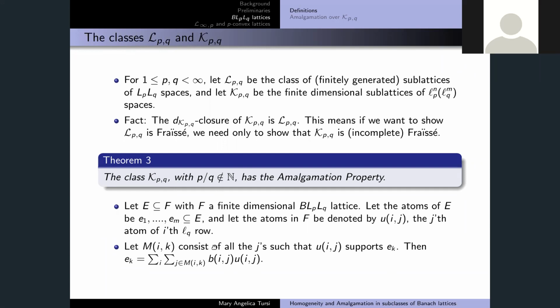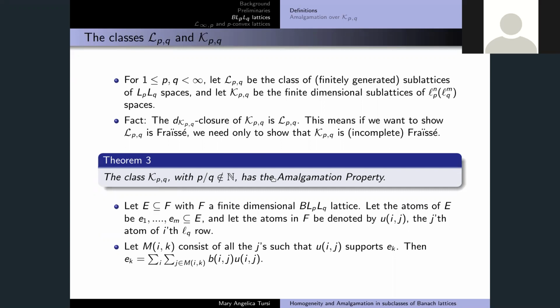The hereditary property is pretty obvious. The joint embedding property is pretty clear as well. For the continuity and the Polish properties, the weak continuity and weak Polish, you can come up with countably many of these K_{pq}s that are going to be dense in K_{pq} itself.